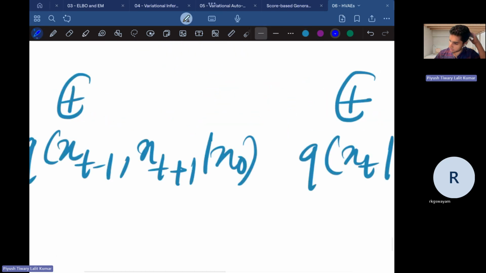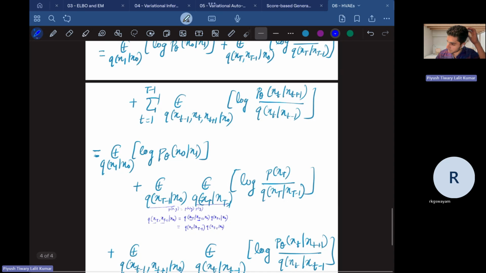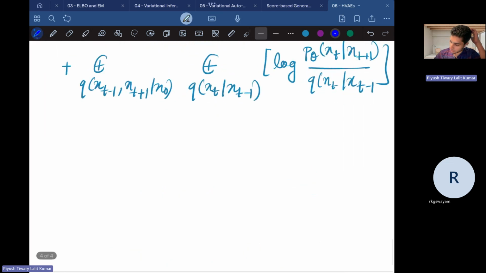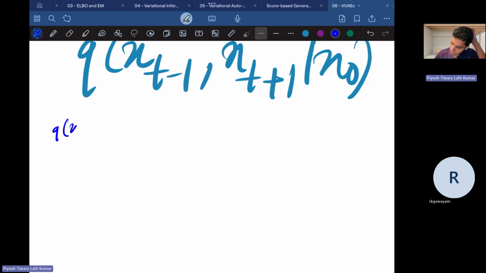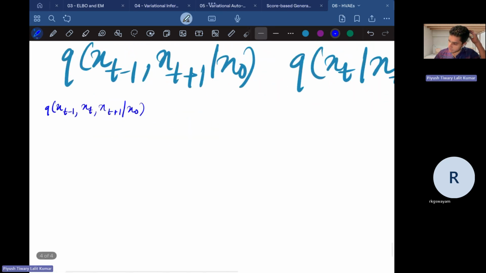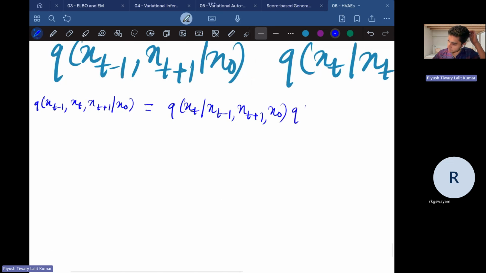Again, how did we write this down? We can do something similar. The original distribution was q of x_{t-1}, x_t, x_{t+1} given x_0, right? What you can write is as follows. This is q of x_t given x_{t-1}, x_{t+1}, x_0 times q of x_{t-1}, x_{t+1} given x_0, right?